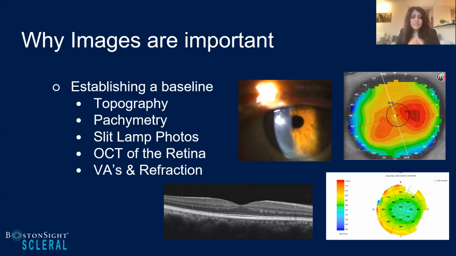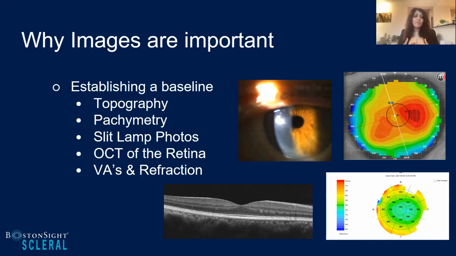Obviously, I want to get good slit lamp images of what their cornea looks like before. I never want to question, hey, is that a bit of neo, is that new? Is that something that I've created? Is it because of the lens, or is that something that's been there? We're not dealing with the cornea, but you have to take a look at the retina. The retina is important because you need to know what's the baseline.